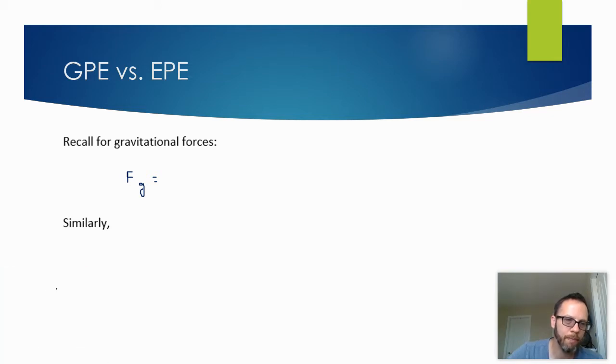FG was G M1 M2 over R squared. And from that definition, we did a derivation, if you recall, for gravitational potential energy, an updated version of that. We said that an updated version of our gravitational potential energy was EG equals negative G M1 M2 over R.